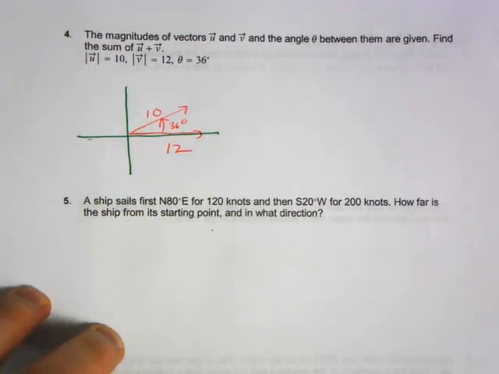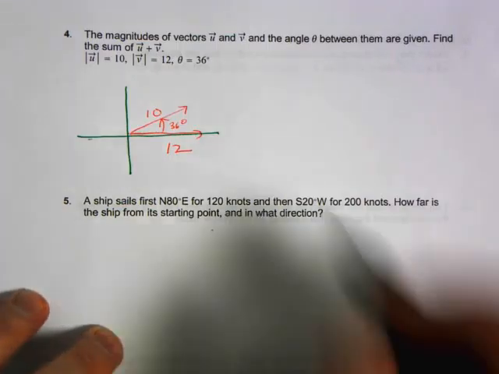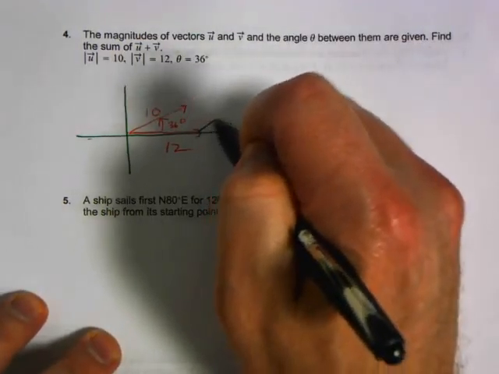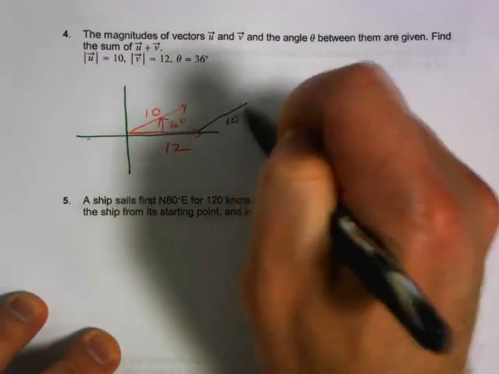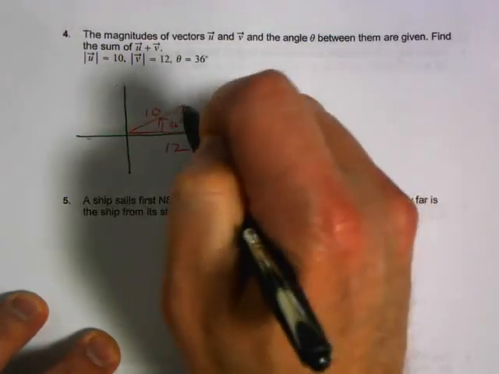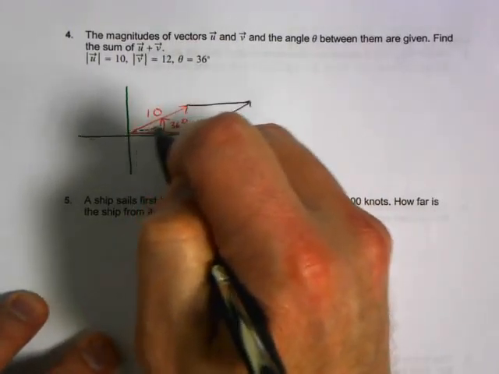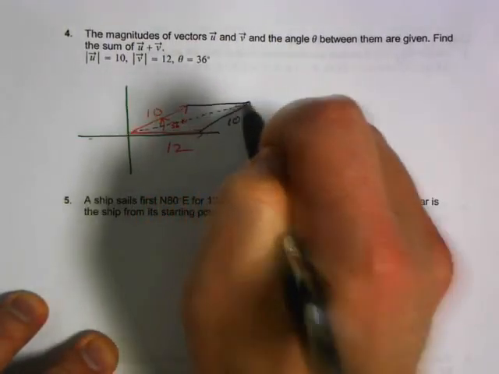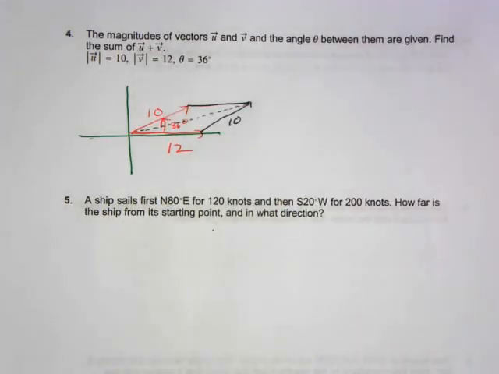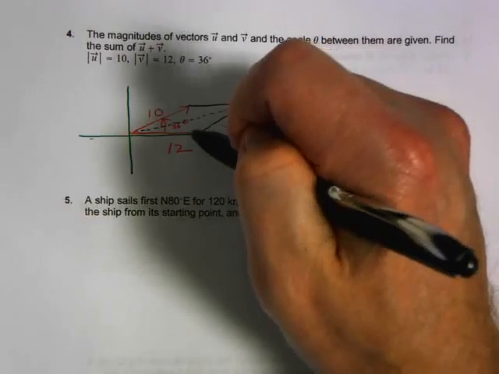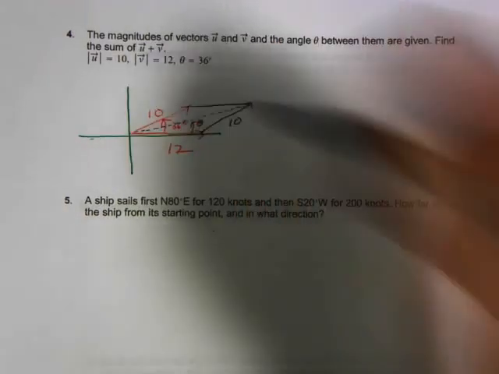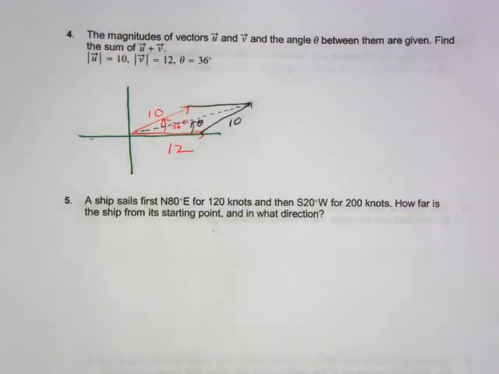And what do we want? The resultant. So again, I would draw my 10 again over here and complete the parallelogram. I want that length right there. That would be the magnitude. And I want to know this angle right here. You know it would be quadrant 1.